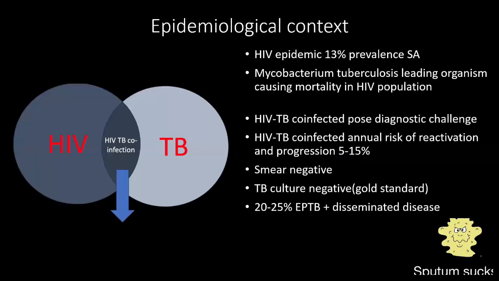So looking at the epidemiology, HIV currently has about 13% prevalence, roughly 8 million people, KZN being the highest province of disease. And we also know that Mycobacterium tuberculosis is still the single most infectious organism and is still largely responsible for morbidity and mortality.